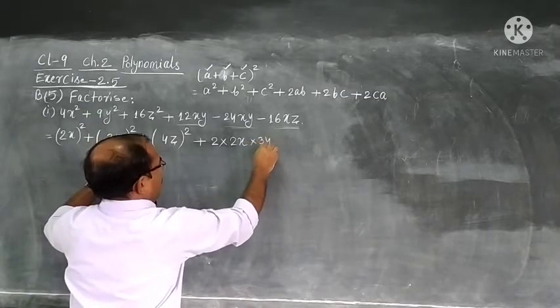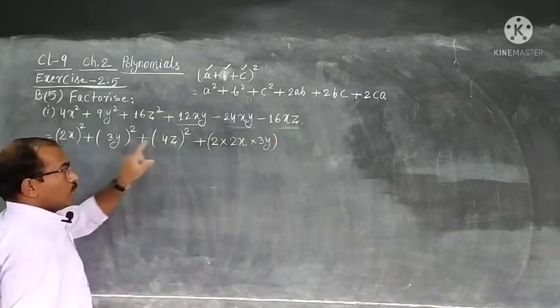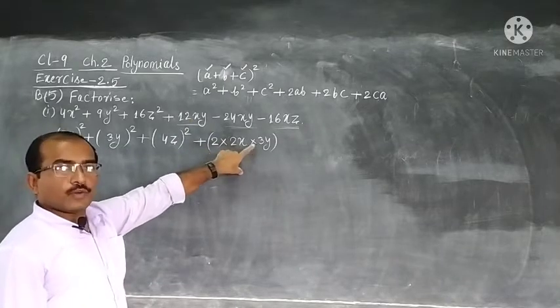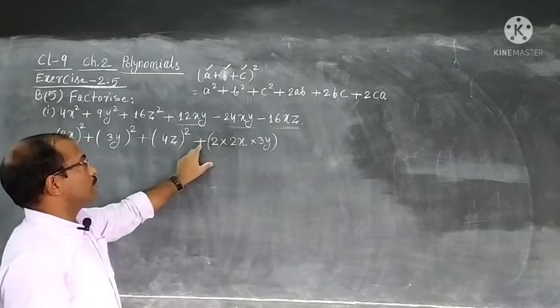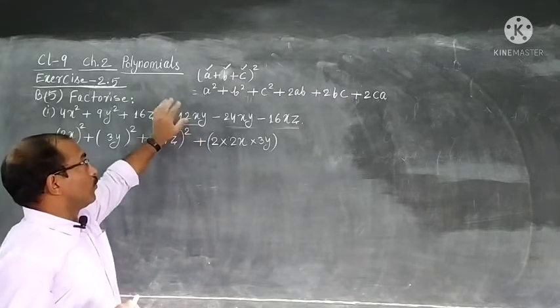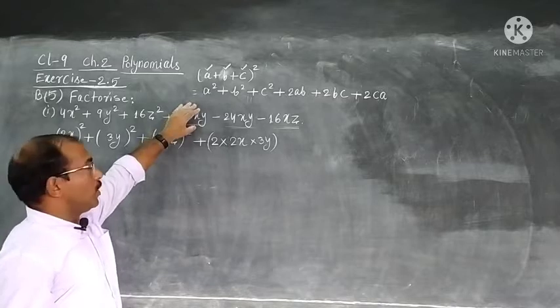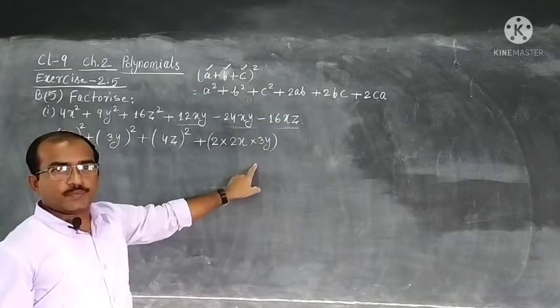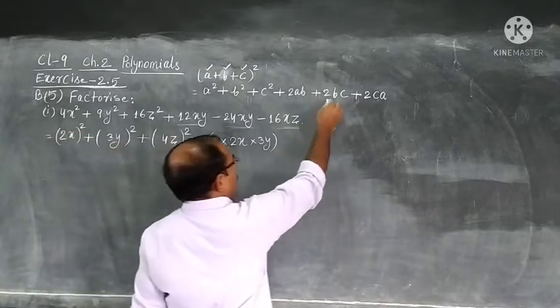So when we arrange it in 2ab form, we will see this term will come by itself. 2 2s are 4, 4 3s are 12, plus 12xy. It is here. So no doubt, we will not check at this step, we will look at these three and arrange on this identity.